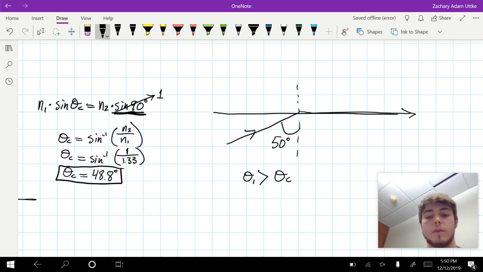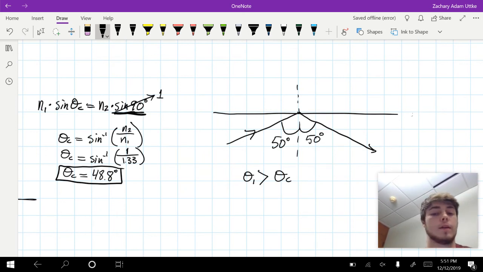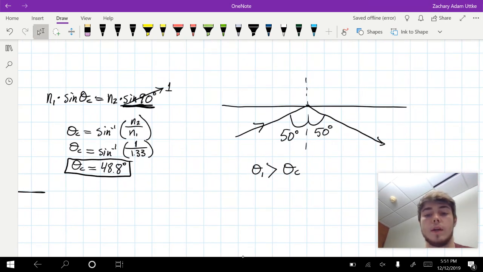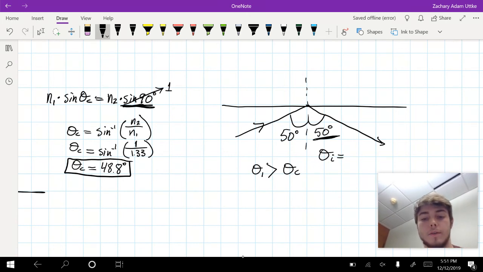If now we say we change it to be 50 degrees, instead of escaping and jutting out along the surface like this, it will now be reflected, just like that. So instead of being refracted out into the next medium, if you exceed the critical angle, it'll just be reflected back down. Okay? And I said that this is 50 degrees because of the law of reflection, where the incident angle equals the reflected angle.